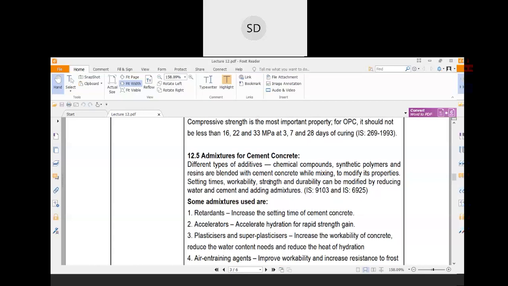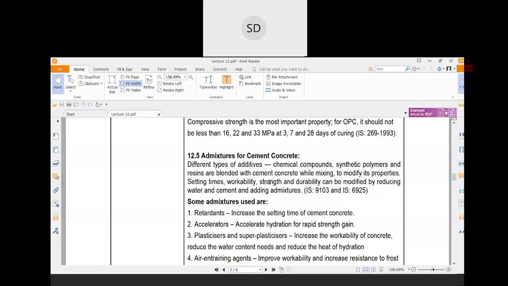So basically in the cement mix, the main strength comes from the water cement ratio. The water cement ratio is the deciding factor for the strength of the cement.